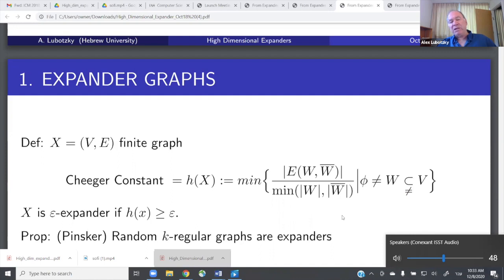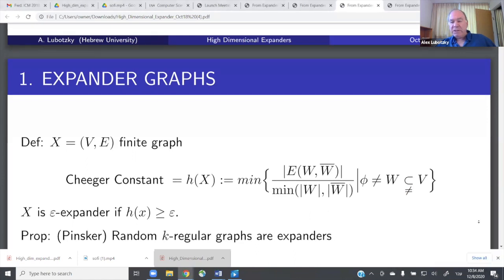Another way to say it: take the minimum over all subsets of V of size less than half, and check how many edges go out divided by the size of the set. It's called the Cheeger constant because Cheeger studied this type of object in the context of Riemannian geometry. We say that X is an epsilon expander if the Cheeger constant of the graph is at least epsilon.